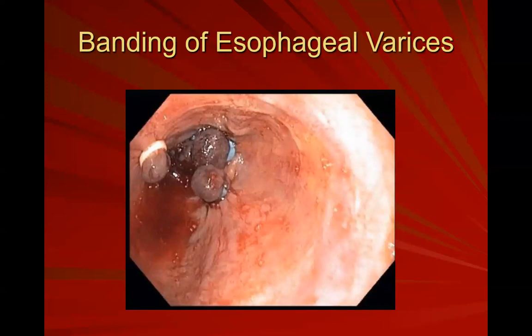So they try to ligate the veins that are going along the submucosa, in order to prevent the risk of bleeding. Okay, so with the banding, we are trying to strangulate the area of the veins, and eventually it will be necrotized and it will slough off. Okay, and the area in which there was the band will heal by itself, and eventually the vein will be back to the normal shape without these varices or outpouching.